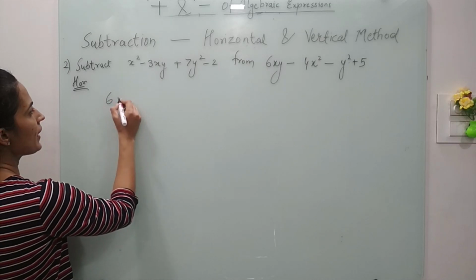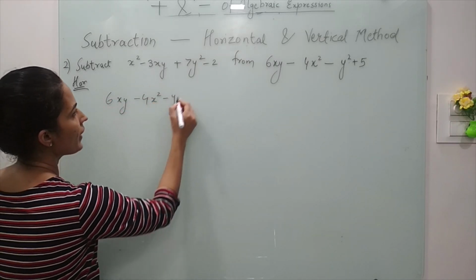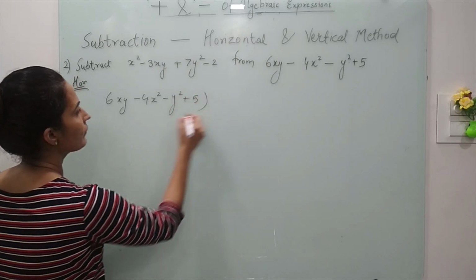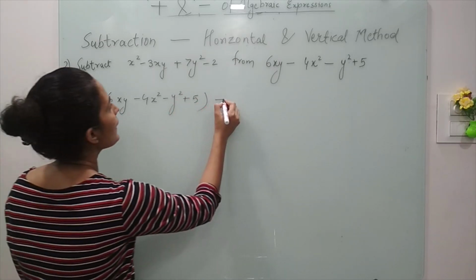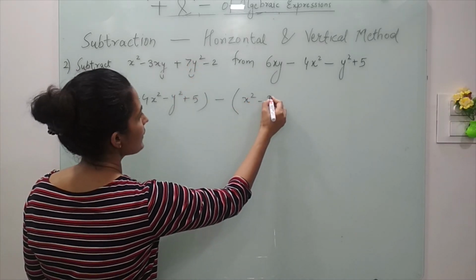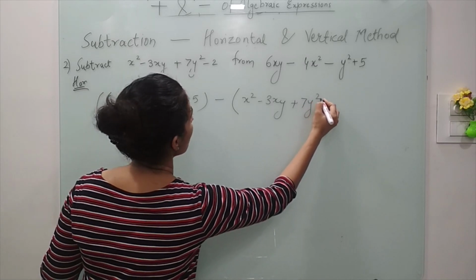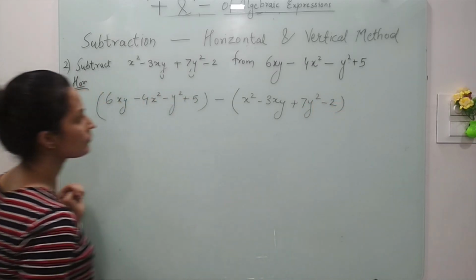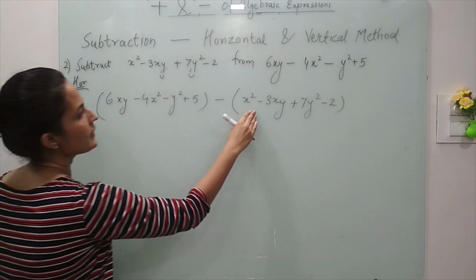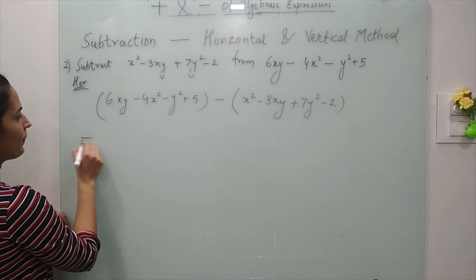So this is 6xy minus 4x square minus y square plus 5 minus this expression x square minus 3xy plus 7y square minus 2. I am subtracting this expression from this. So let's open the brackets now.